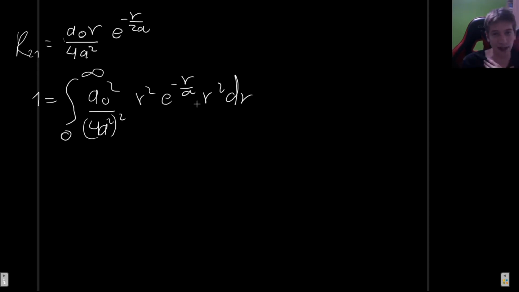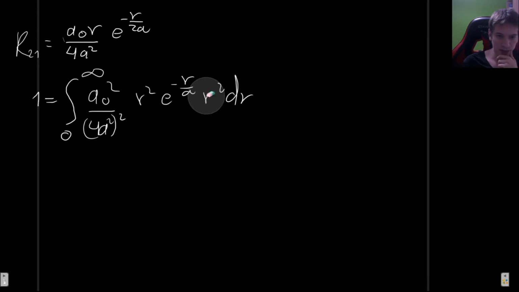So we get a0 squared divided by 4a squared squared times r squared e to the minus r divided by a, the 2 goes away because it's squared, times r squared dr. This r squared, once again, comes from the fact that we're integrating in these spherical coordinates.